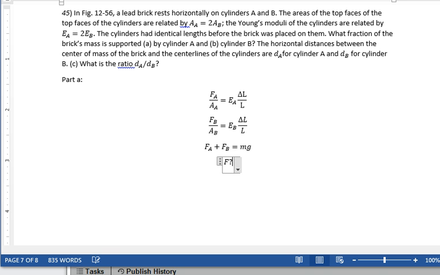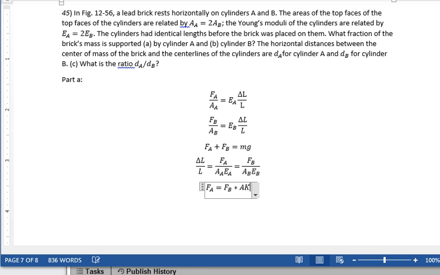So delta L over L in both instances, we got FA over AA EA, and we've got FB over AB EB, right? Those are equal.